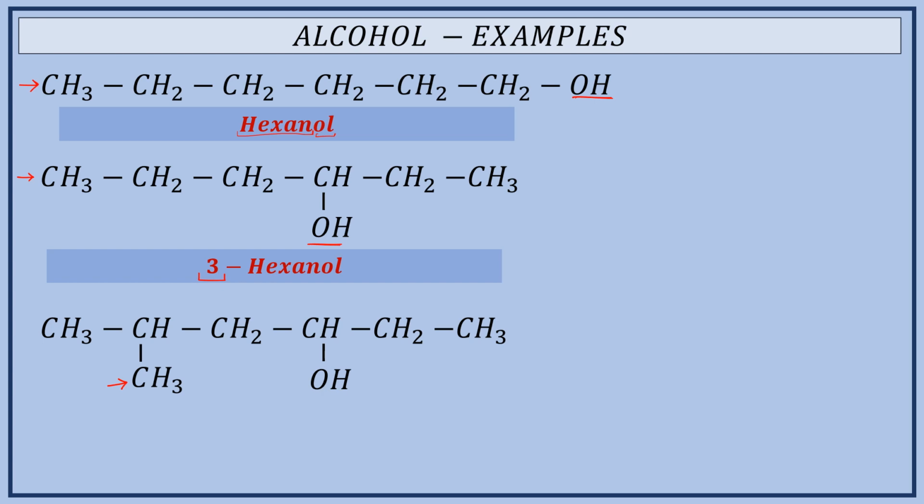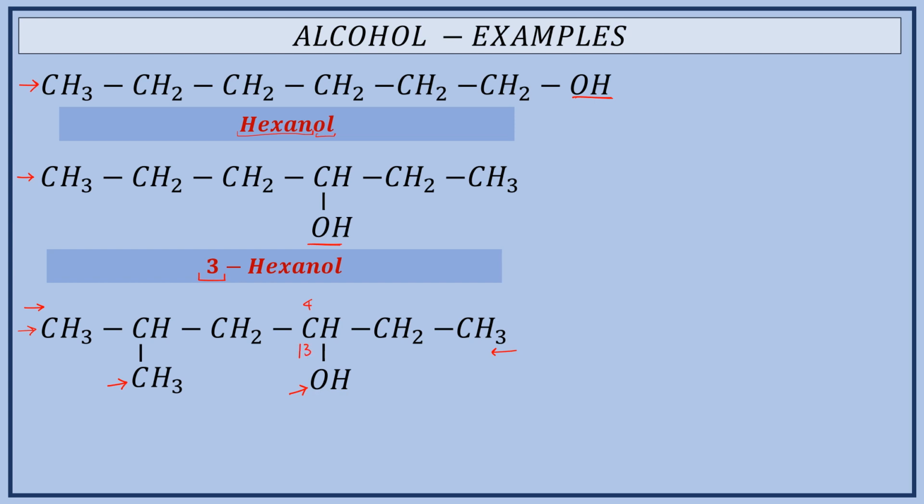But now in presence of alcohol group, we will number this molecule from that direction which will give the alcohol group lower position. So starting from left to right, the alcohol will have fourth position. On the other hand, starting from right to left, the alcohol group will have third position.